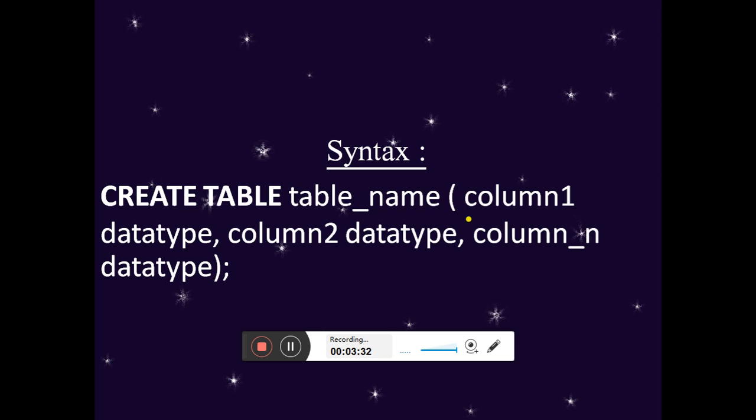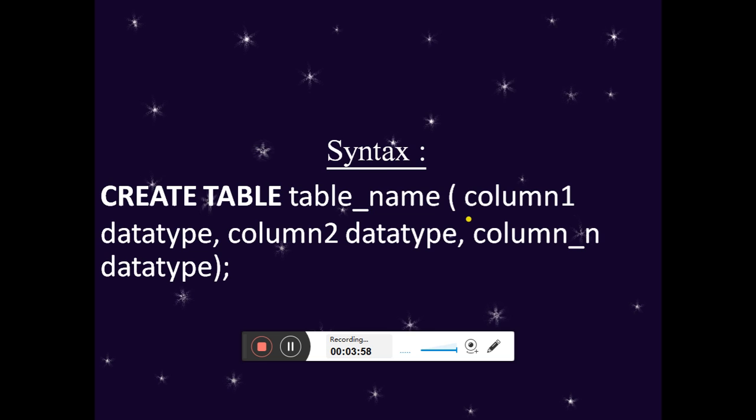For example, in roll number we are going to store numbers. You cannot assign ABC to a person as a roll number, so you are supposed to write numbers in this column. Then in column 2, for example, name. Here the name will be in string format, in text format.